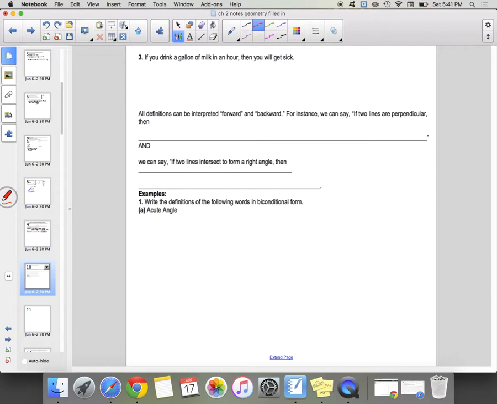All right, so it says all definitions can be interpreted both forward and backwards. So definitions should work with the biconditional. So it says if two lines are perpendicular, then they intersect to form a right angle. But we can also say if two lines intersect to form a right angle, then they are perpendicular.